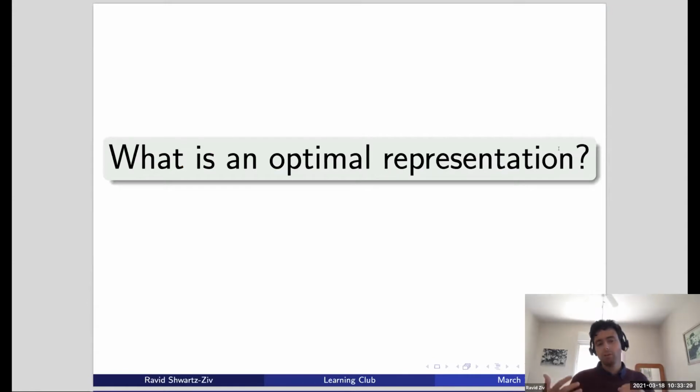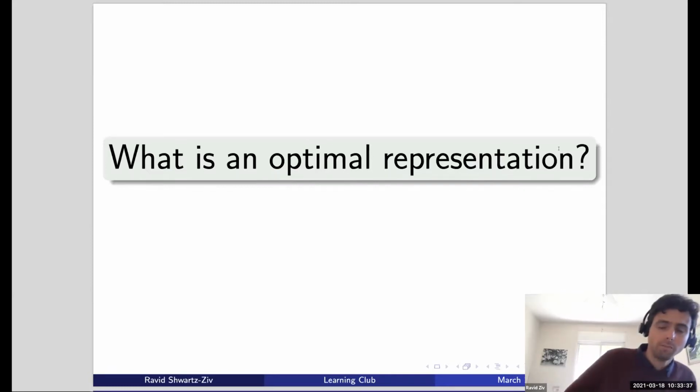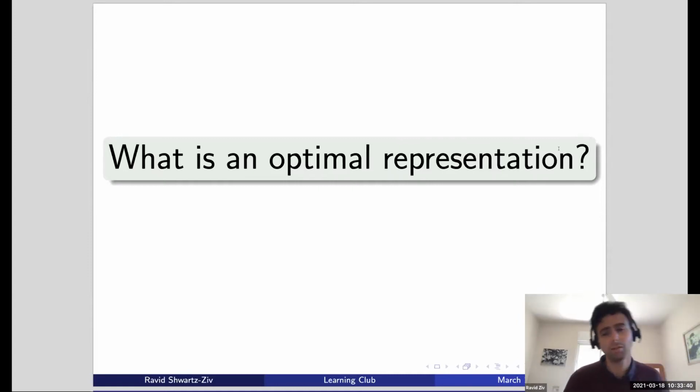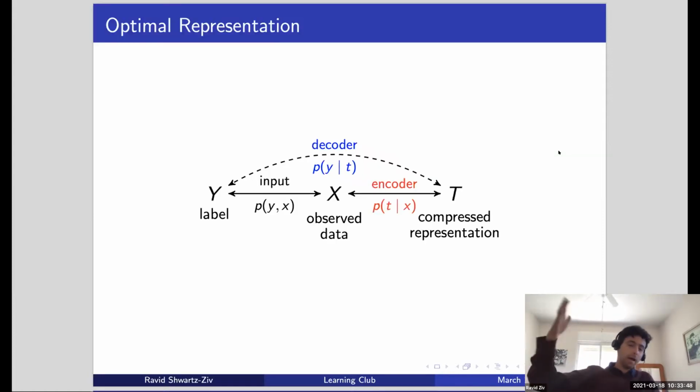And now the question is, what is an optimal representation? There are many answers to this question, but I want to present here an answer from an information theoretic point of view. We have our data, x, the observed data, and we have labels, y, and we want to use an encoder to encode our data to create a representation that will give us a good prediction about y.